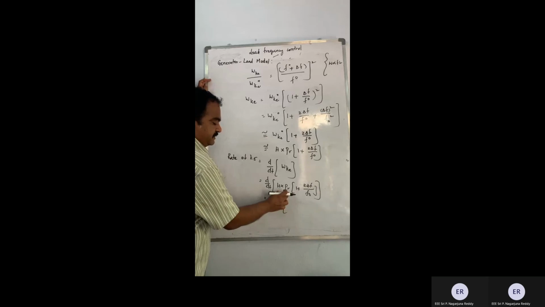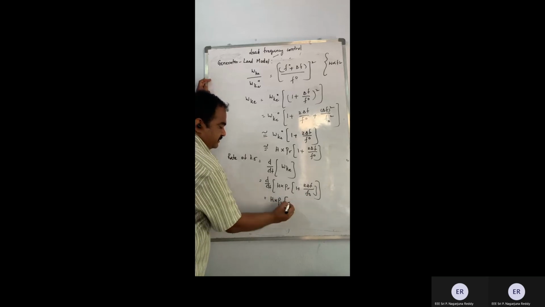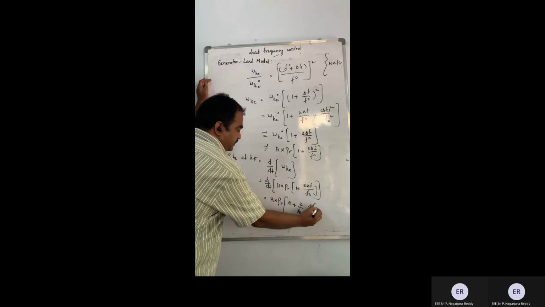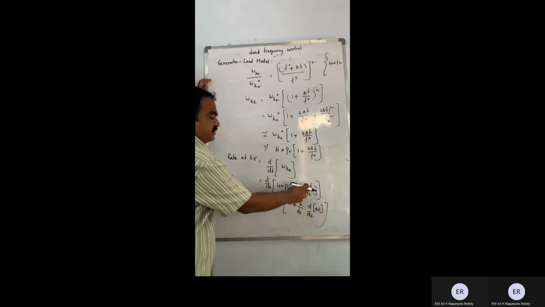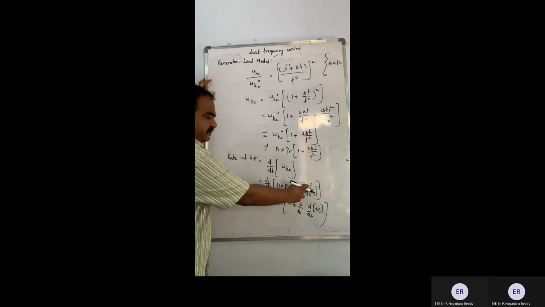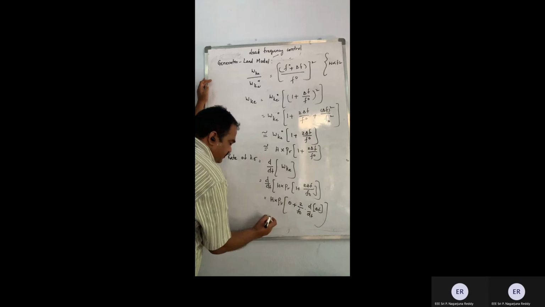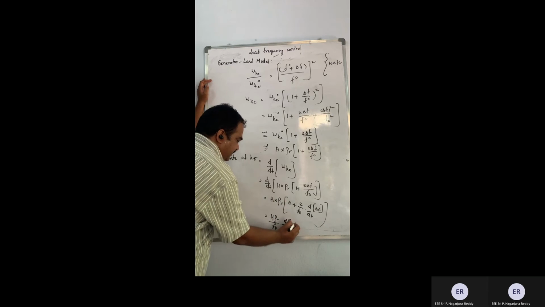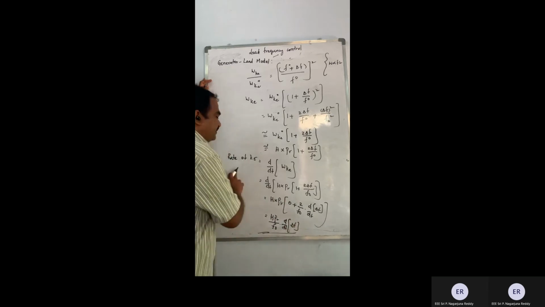Now, in this one, 1 is a constant, so it goes to 0 plus 2 by F naught into d by dt of delta F. Only this term is going to be affected with the change in time. All other things, the initial frequency, the machine rating, the inertia constant, are all constant, isn't it? Only this varies with respect to time. So my final expression is H by PR F naught into d by dt of delta F. This is the rate of kinetic energy.